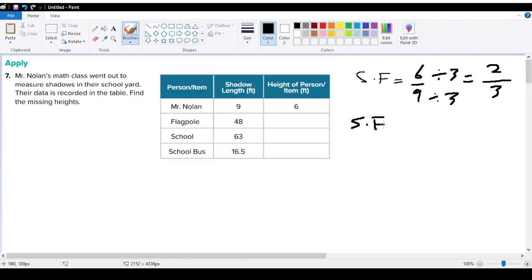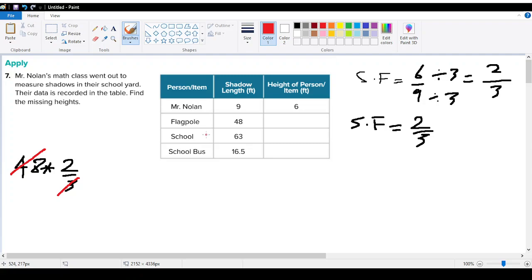So since I know the scale factor, I can multiply everything with that scale factor. So I will say 48 times 2 over 3, and the rest is the same. Now, yalla, how to multiply 48 times 2 over 3? Look, Shamsa, since the 3 is here and 48 is up, I can divide them. 3 times what equals 48?